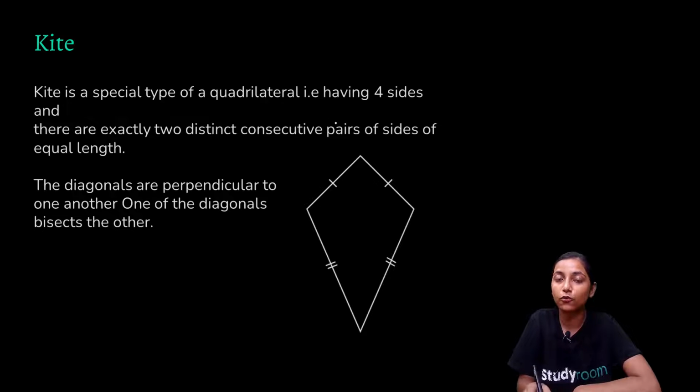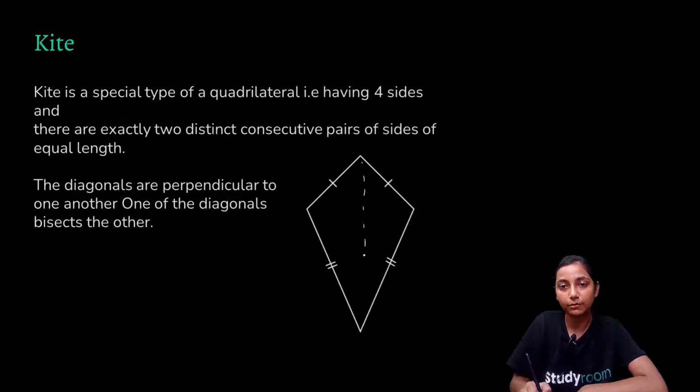It is a special type of quadrilateral that has four sides, but the consecutive pairs of sides will be of equal length. These two are of equal length and these two are of equal length. The diagonals are perpendicular to one another and one of the diagonals bisects the other. If we draw the diagonals, one diagonal will be this, the other is going to be this.